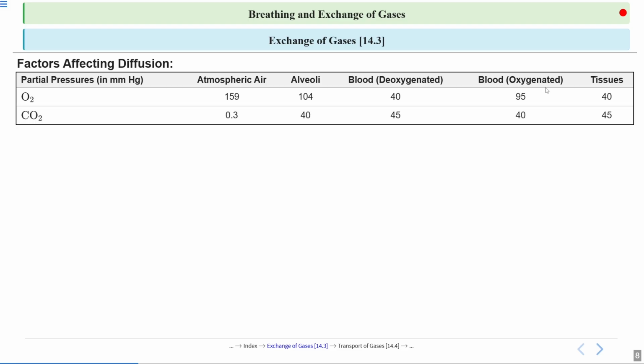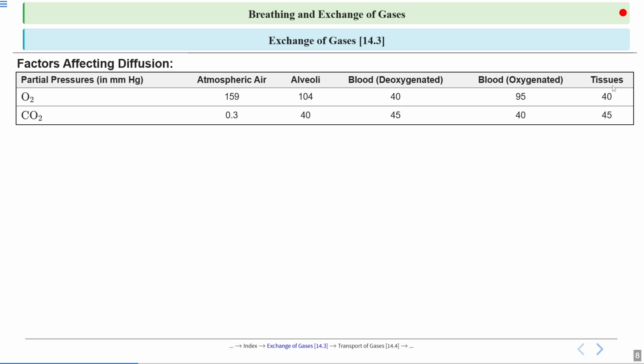Next, oxygenated blood, after the exchange of gases has taken place in the alveoli region. From deoxygenated, it reaches 95. And carbon dioxide, it was 45, now it is 40. The oxygenated blood is still having some carbon dioxide, and its partial pressure is 40.